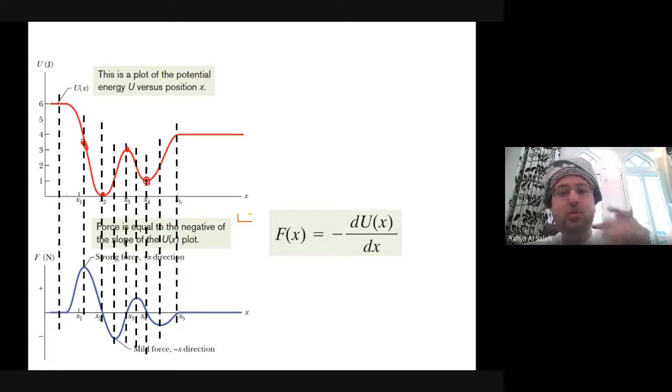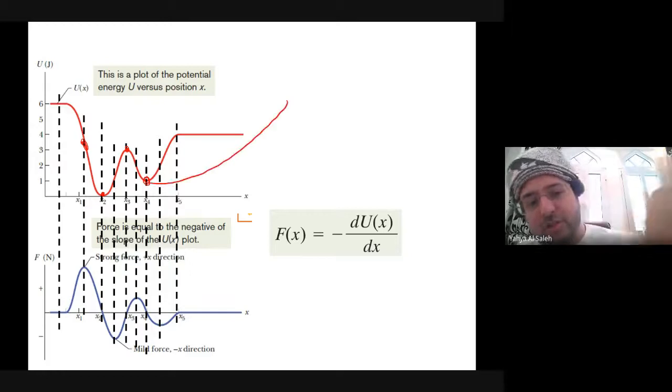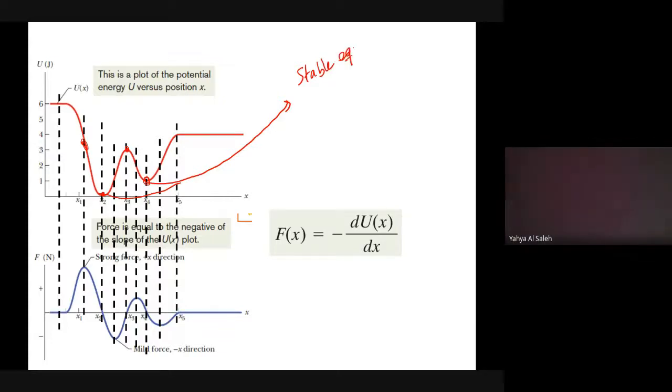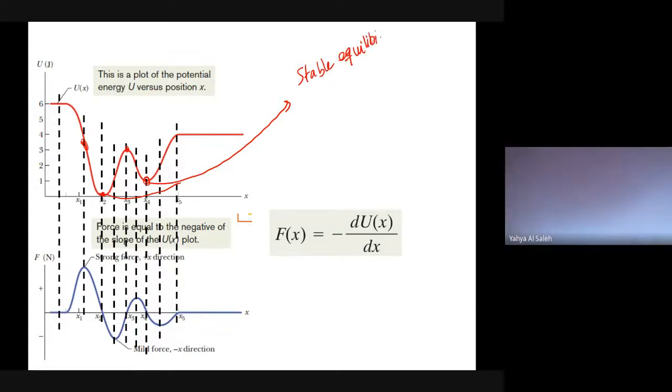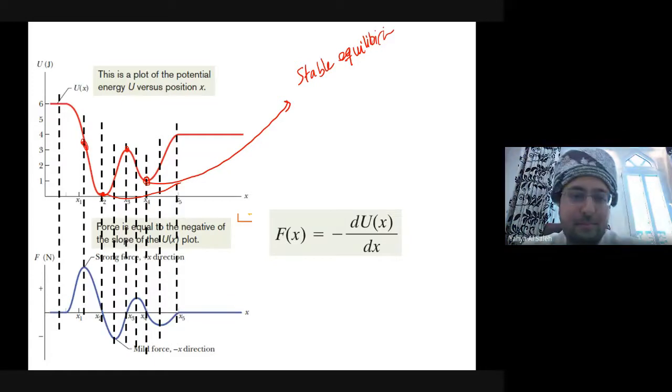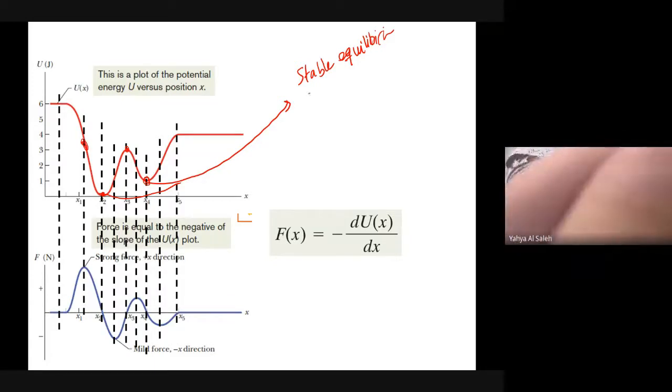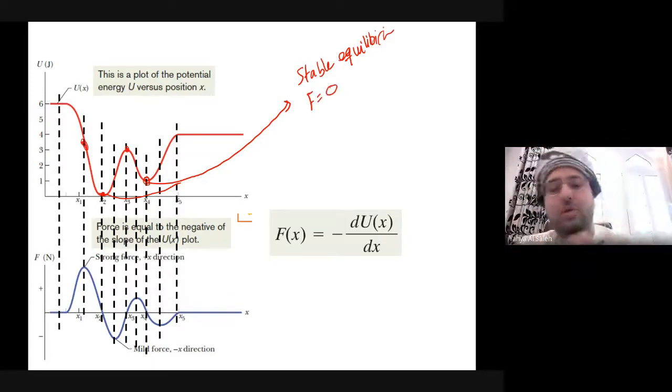The forces which take the ball back to where it was, these two positions, we call stable equilibrium. F is equal to 0.